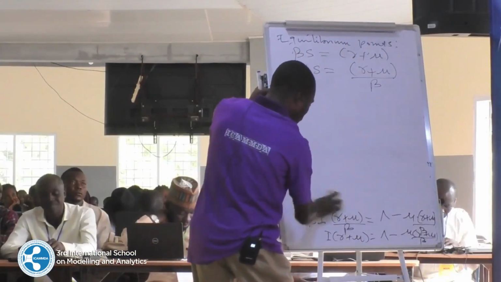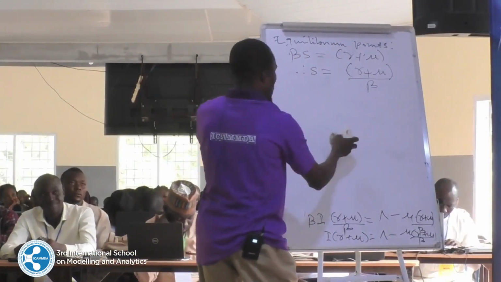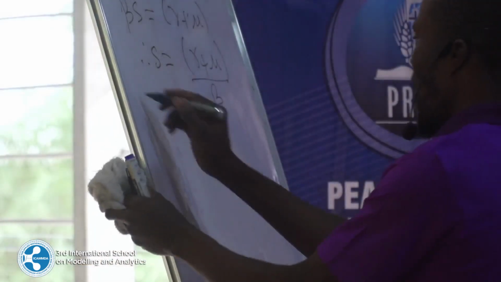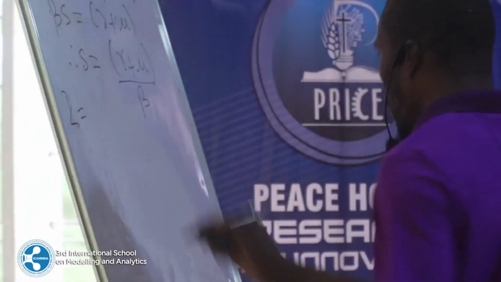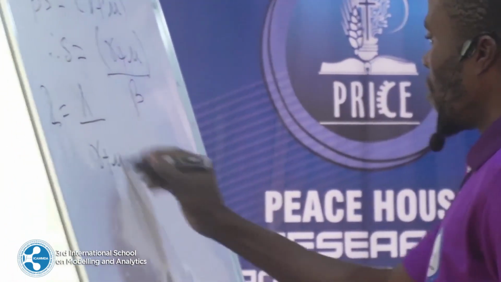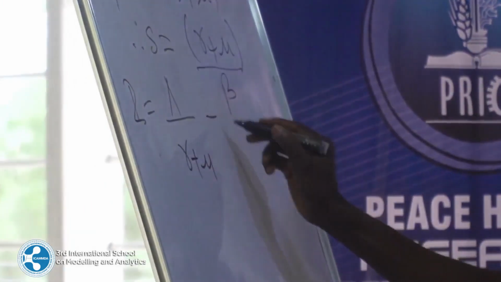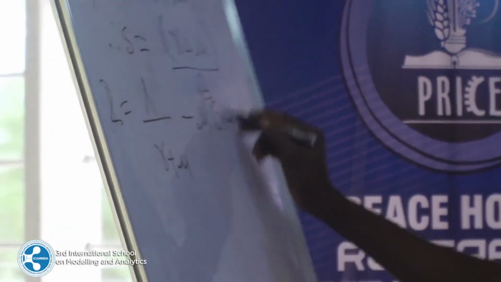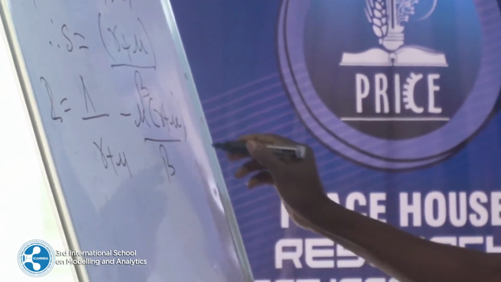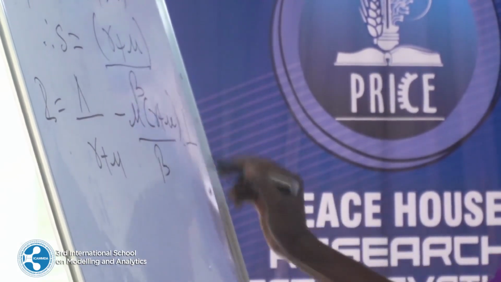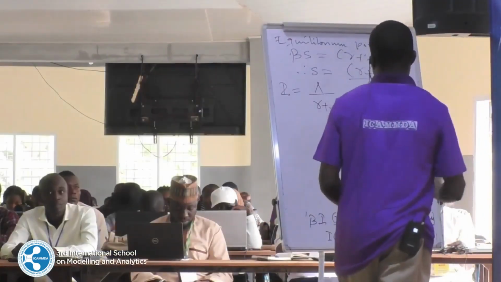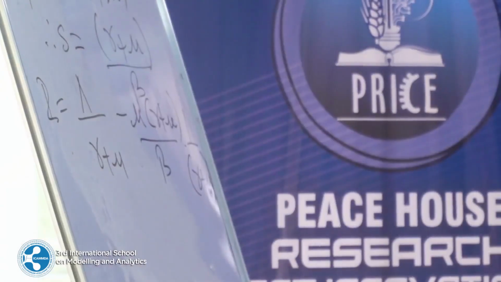So if that is the case, we have from this last expression that I is equal to lambda over gamma plus mu minus mu into gamma plus mu over beta times 1 over gamma plus mu. Is that correct? Okay.